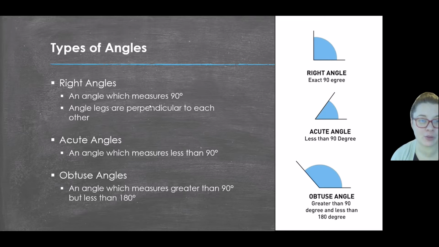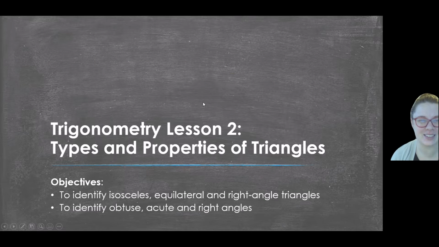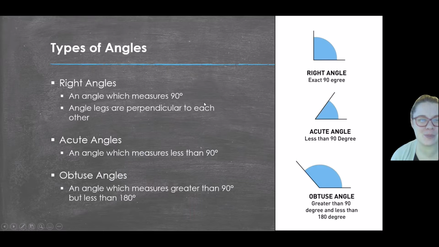Generally speaking, things are cuter when they're small than when they're large. So you can use some of that wordplay to help you remember which is which. Okay, so acute is less than 90, obtuse is greater than 90, but smaller than 180.